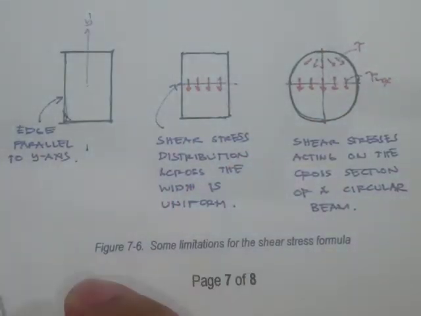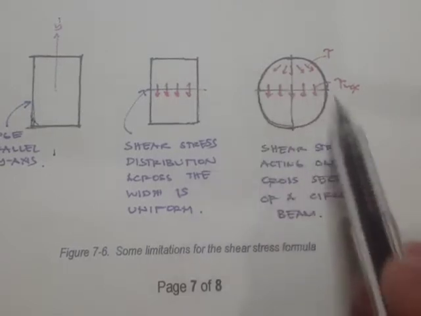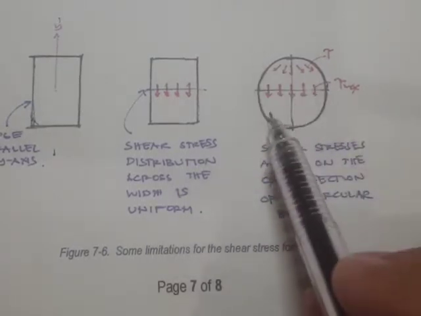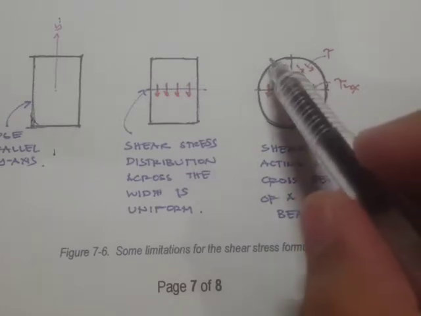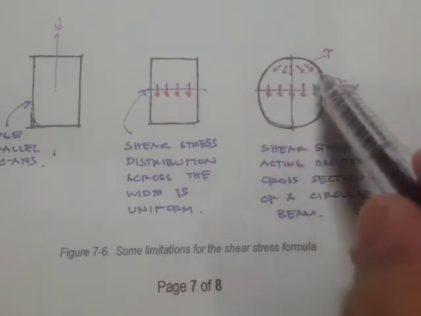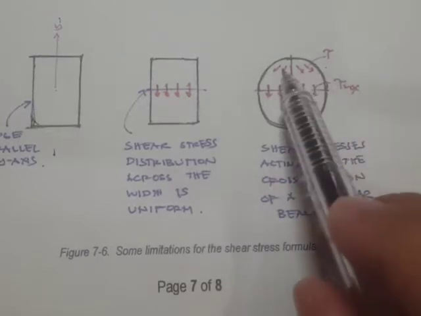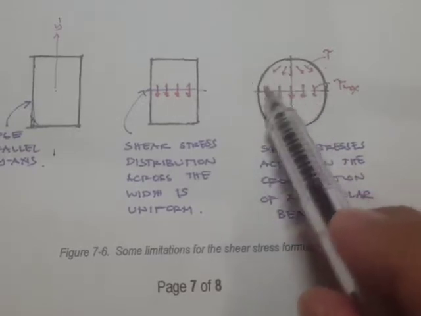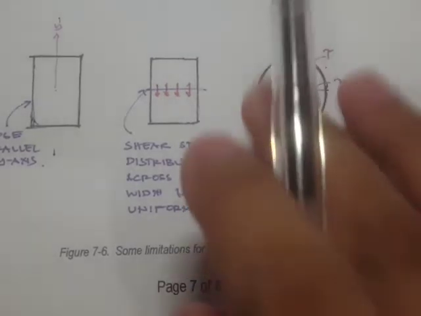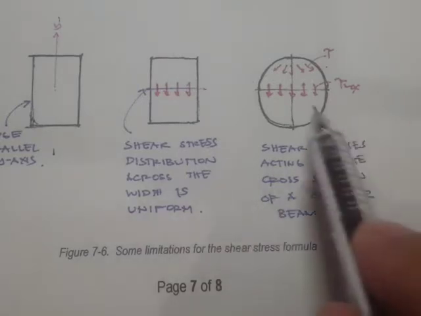For the case of a circular cross section, the edge is no longer parallel, but the shear stress should always be tangent to the edge, and that's why we have a different shear stress distribution if we compare the circular cross section and the rectangular cross section.